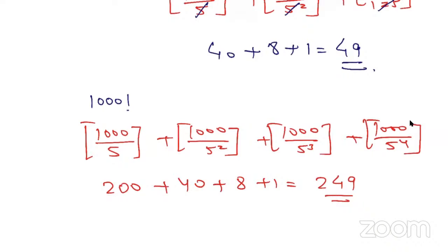Okay, now you have to understand one more term that's called NCR. NCR means from n different things, you have to choose r different things.